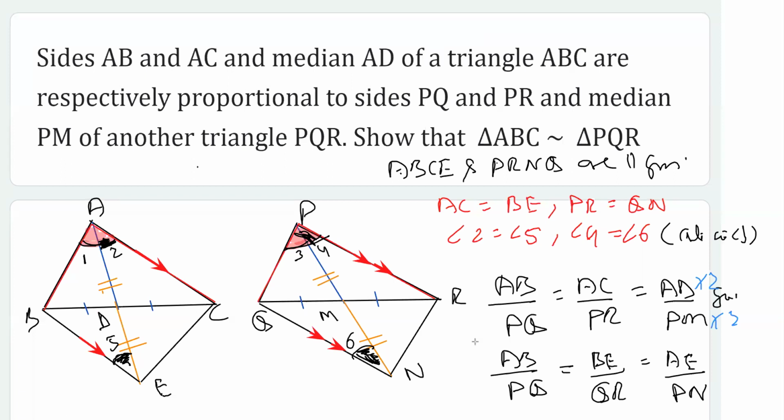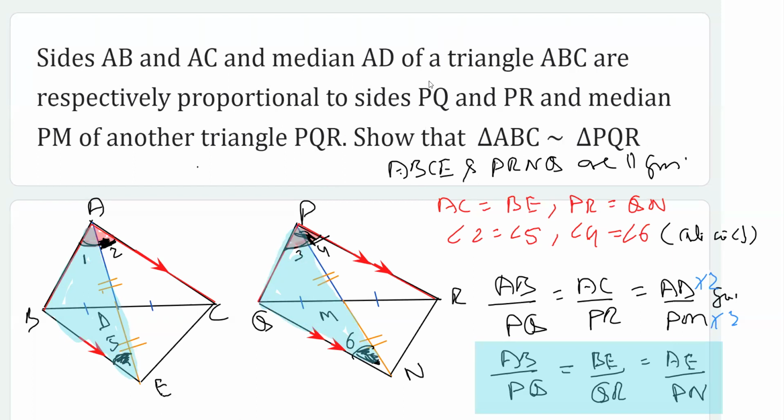Now look into this part. From here, we have proved the sides of these two triangles, all three sides as proportional. So from here, I can say these two triangles will be similar.